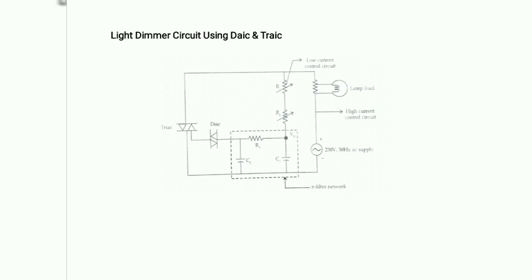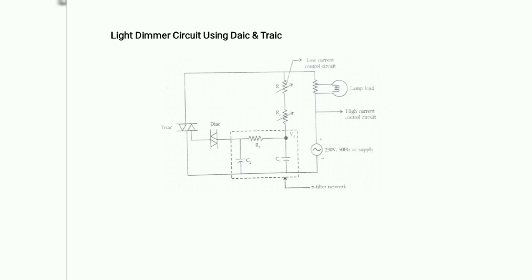Resistances R1 and R2 and capacitor C1 act as the triggering for the diac. R3, capacitors C1 and C2 form the pi network. This is the pi filter network which bypasses the spikes in the AC power supply. If spikes are present, they are bypassed with the help of the pi filter network.